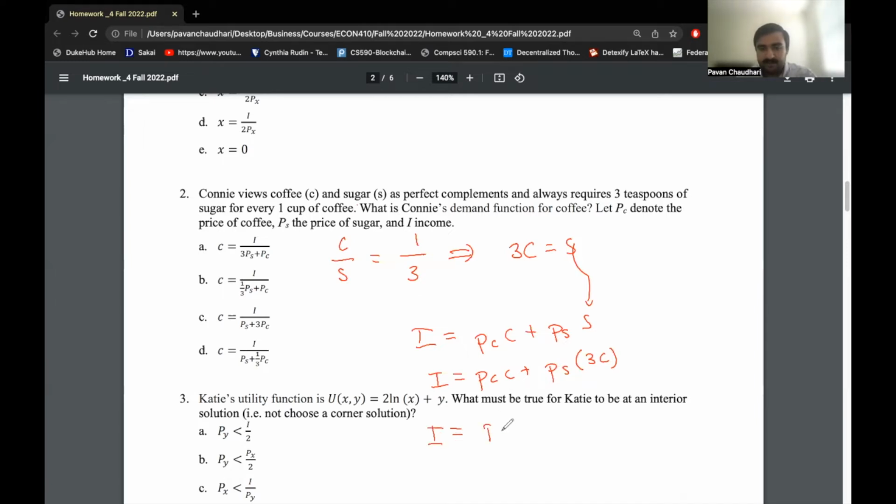So we have PC C plus 3PS times C. We have a C here and a C here, so we'll have to factor it out. And then we'll divide this whole thing onto the other side. And so we get C equals I over (PC plus 3PS), which matches with answer choice A.